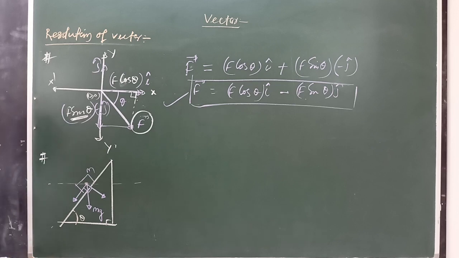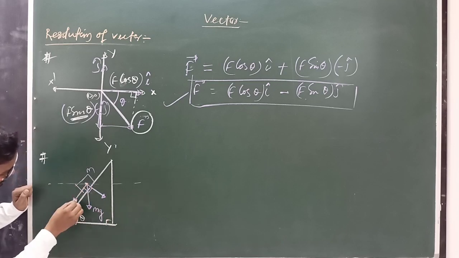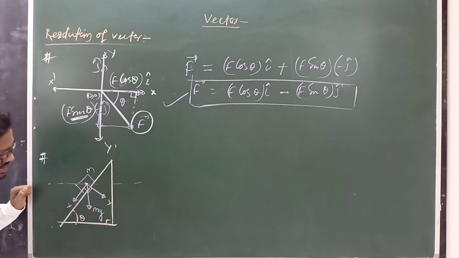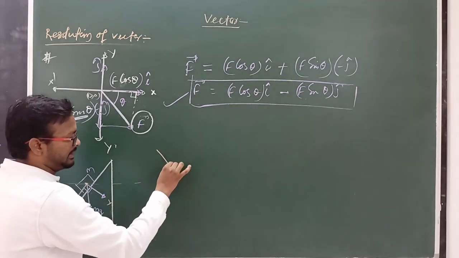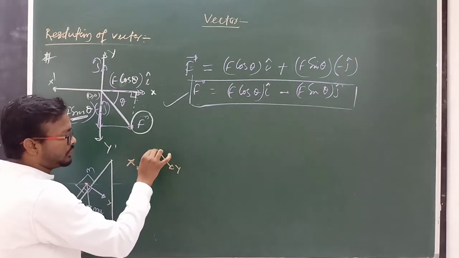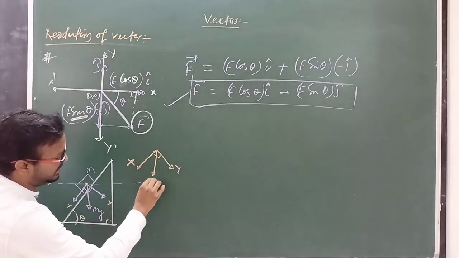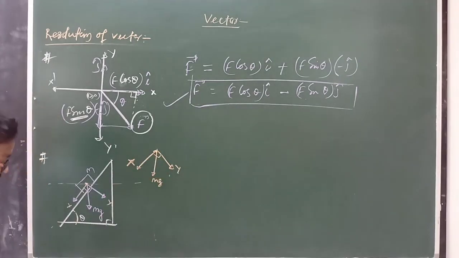You can take the origin at each and every point. So I take a point as origin, suppose this is x axis and this is y axis, according to my convenience. Clear? And this vector is here. This vector is mg. Okay.